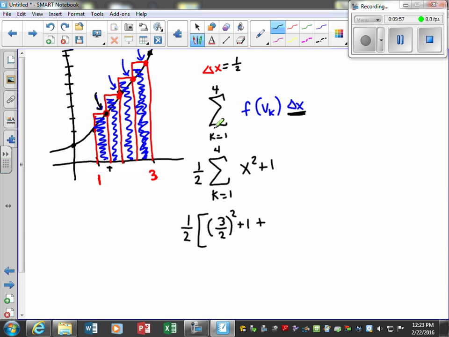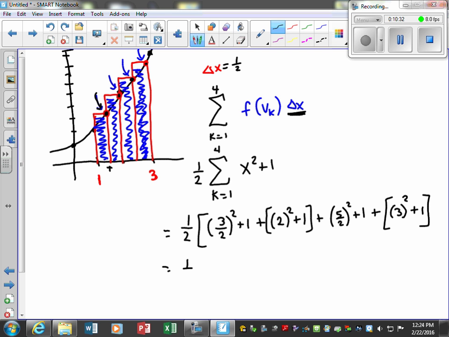My next one is going to be this point, which is at the value 2 when x is 2, so 2 squared plus 1. My next term is going to be at this point, which is 5/2, so that's 5/2 squared plus 1. And then my last term, I'm trying to separate these a little bit so you can see them, the right hand endpoint is at 3, so that's going to be 3 squared plus 1.